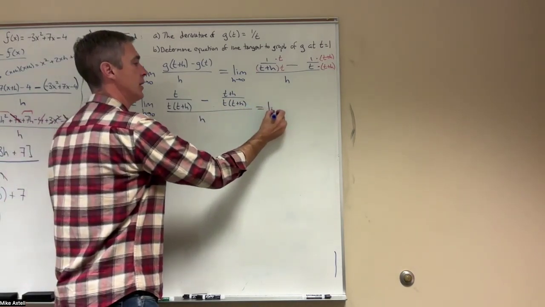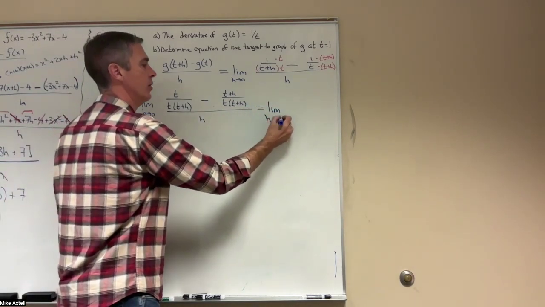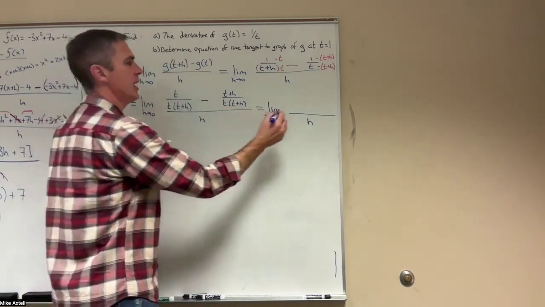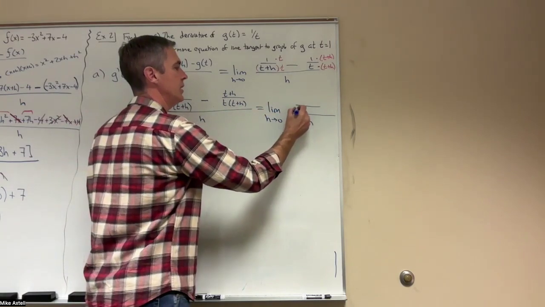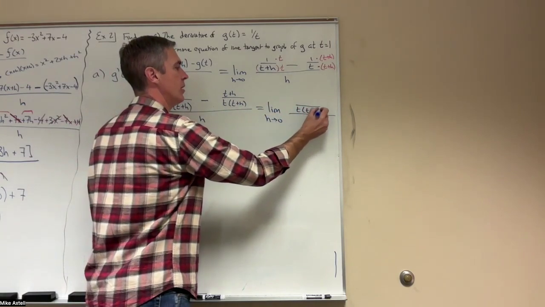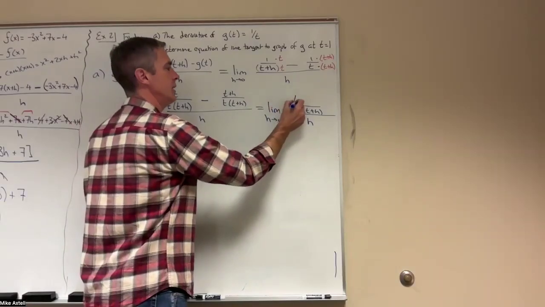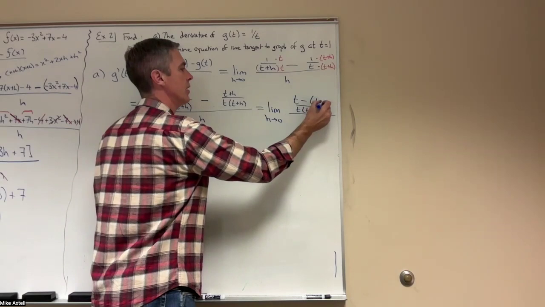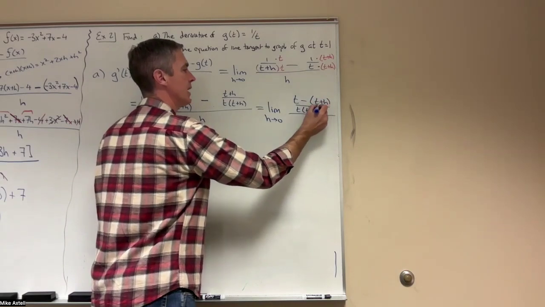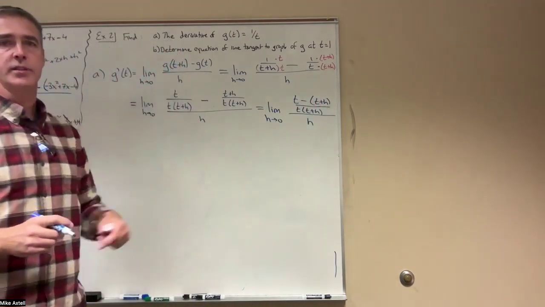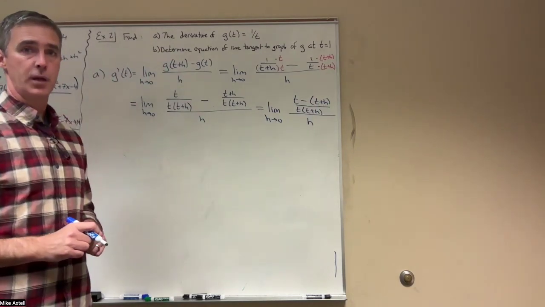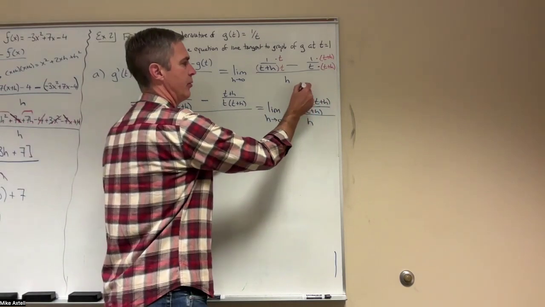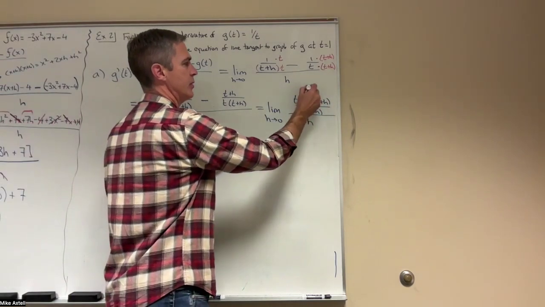So let's see, this would be the limit as h approaches 0. I've got that h in my denominator. And then this new thing up top is a single fraction now, t times t plus h. And I have my first numerator, t, minus my second numerator, t plus h. And since that minus sign needs to impact the entirety of the second numerator, I put it in parentheses. Let's just run the minus sign through to destroy the parentheses.